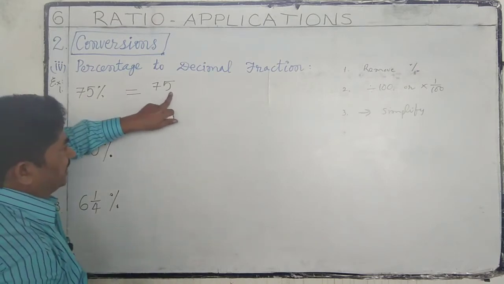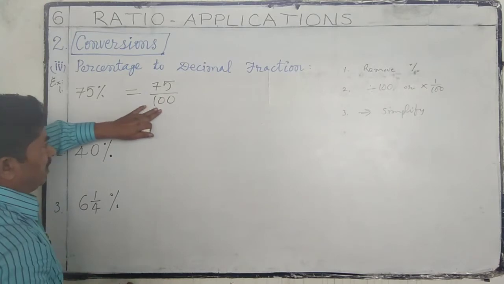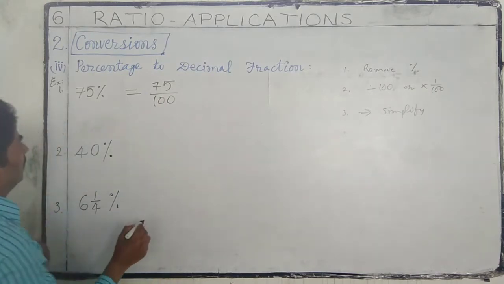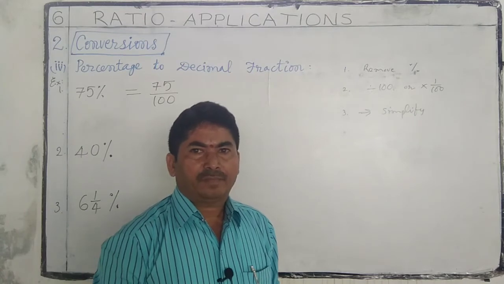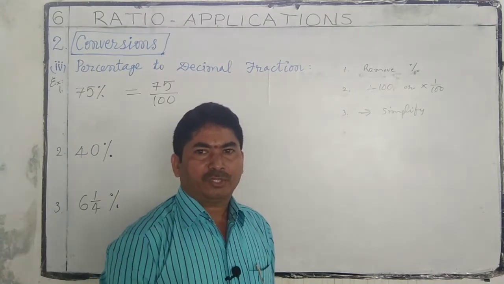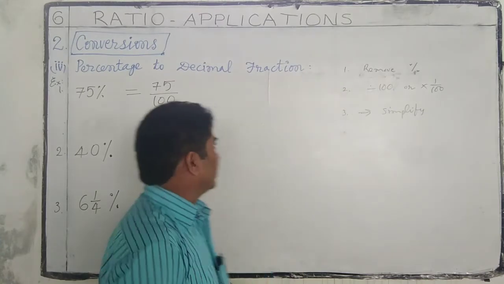I remove the percentage sign and divide by 100. To divide by 100, we have to shift the decimal point to the left by 2 places.